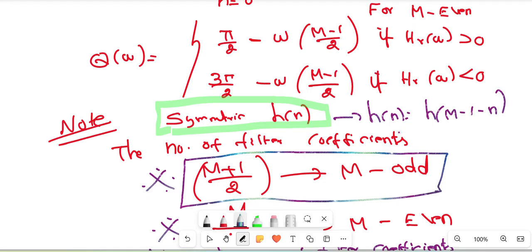So, to design an FIR filter, it is simply to determine the M coefficients h of n, n equal to 0, 1 up to M minus 1, from a specification of the desired frequency response of the FIR filter.